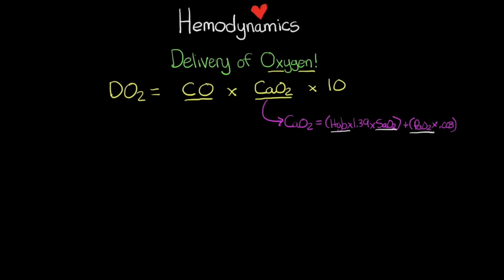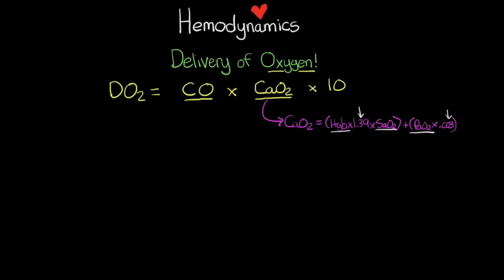If you look at where these components play into this equation, you can see that our PaO2 actually makes up a pretty insignificant portion of our concentration of oxygen because we multiply that by 0.003, whereas our hemoglobin and our oxygen saturation we multiply by 1.39, so obviously we end up with a larger number.